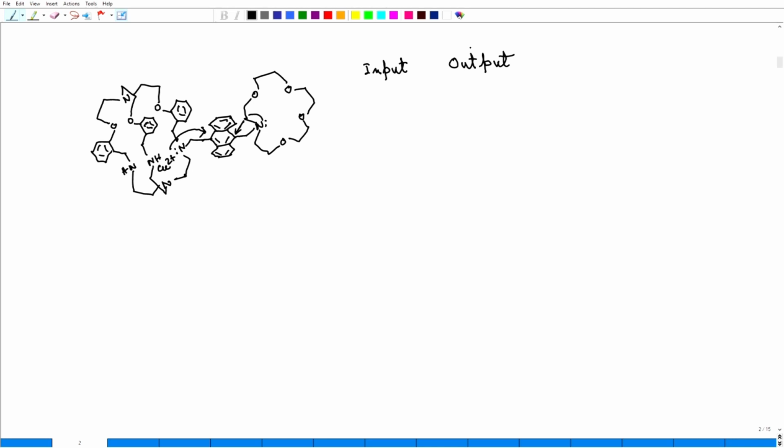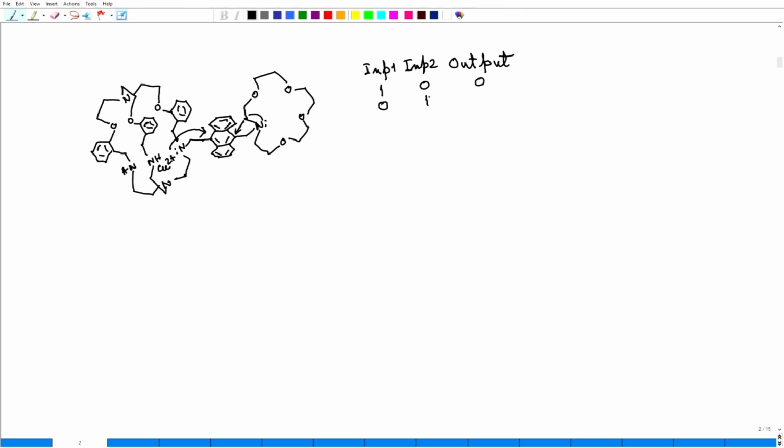Okay. So, input 1, input 2, output. Input 1 is 1, input 2 is 0, output is 0. Of course, this is also AND. Input 1 is 0, input 2 is 1.